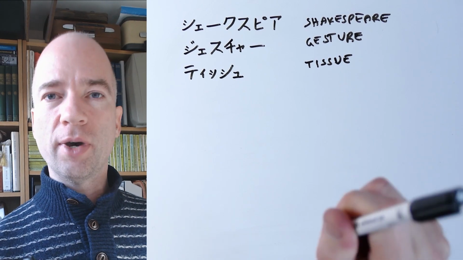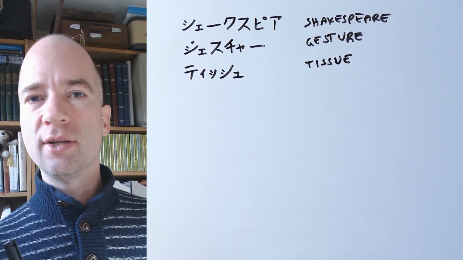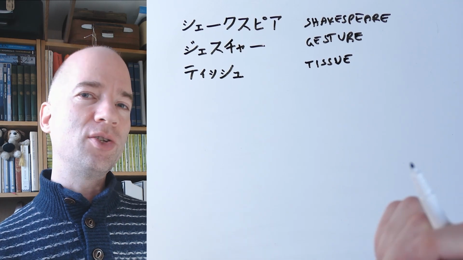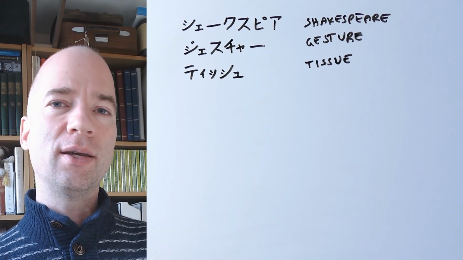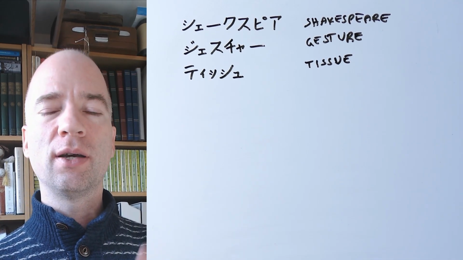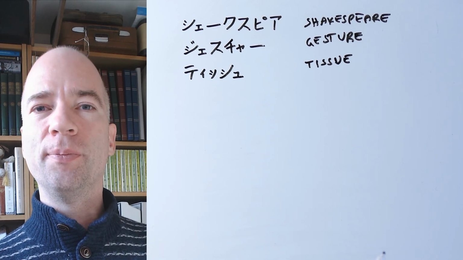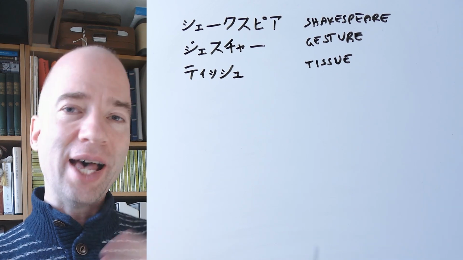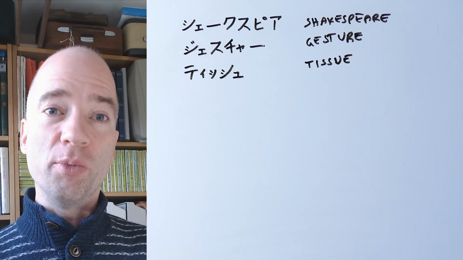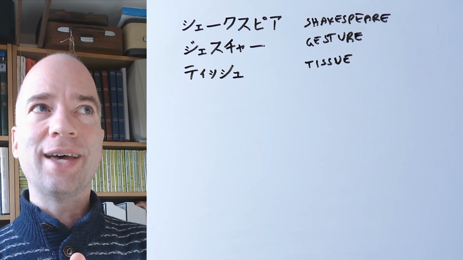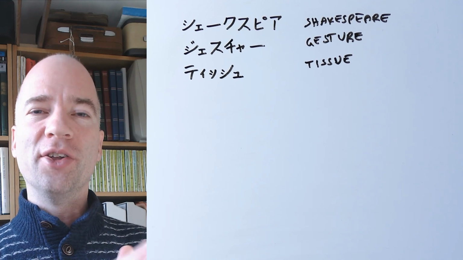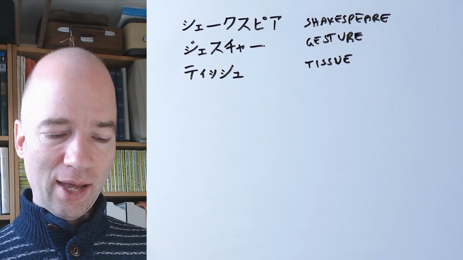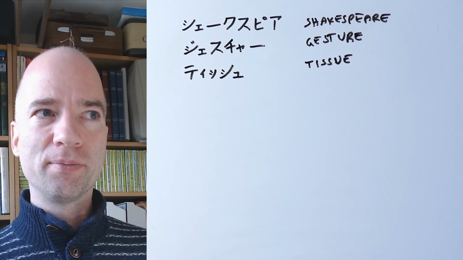One thing you will notice, by the way, when you double consonants in Japanese, if it is a stop, that is to say a t, d, b, k, p, then what you pronounce isn't the consonant for twice as long. You have a pause before you pronounce it. Let me give an example.